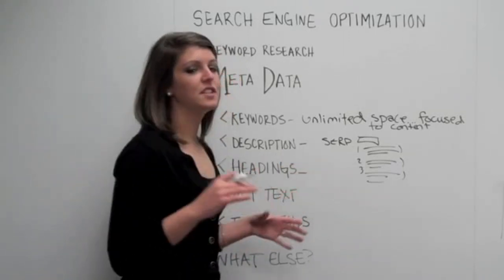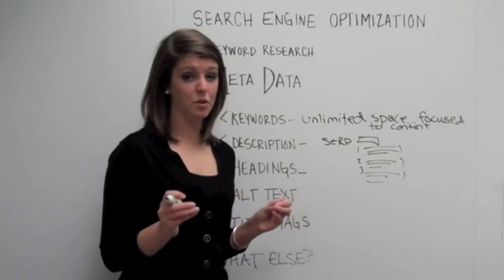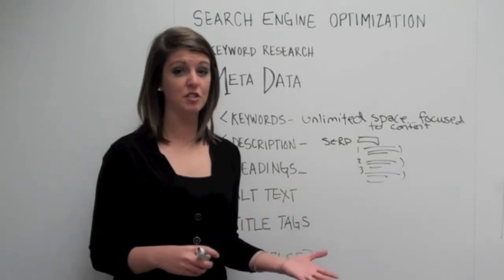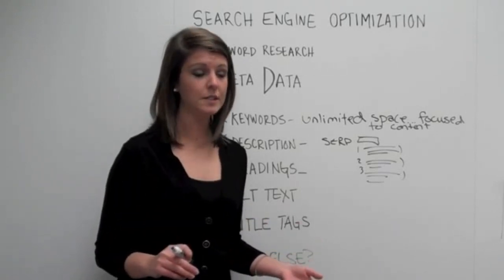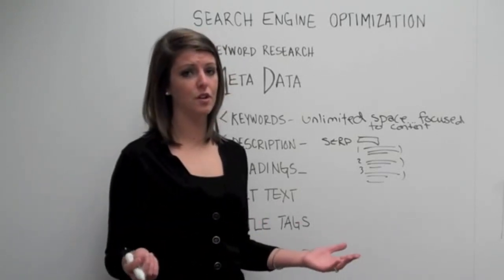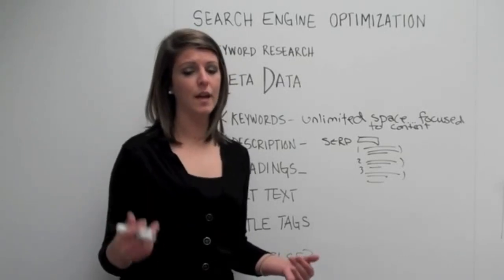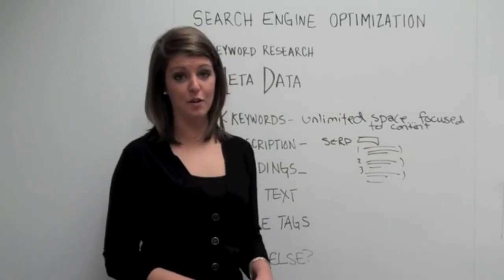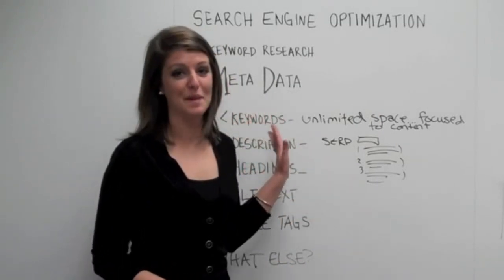Headings, you'll see headings in your source code. One of the things that a lot of people do for search engine optimization is they'll check source code, and all you have to do to check source code is control-click or right-click on the page, and you have the option to view source code, and you can see all of the code that's behind your website, which includes the metadata.